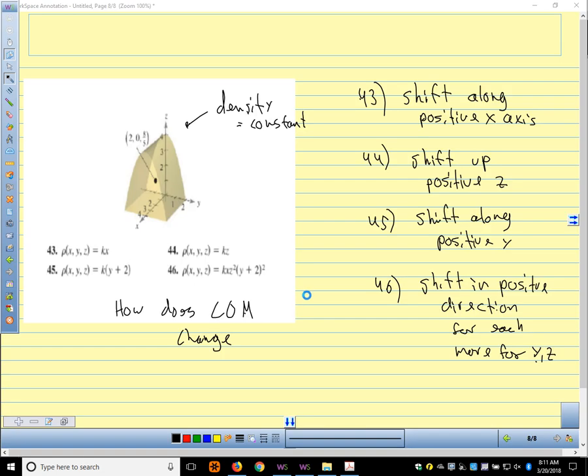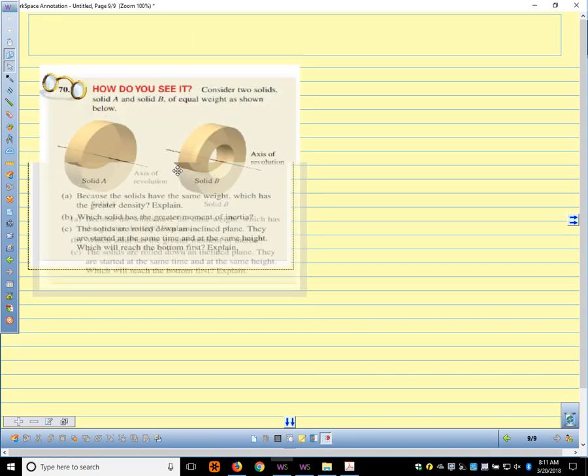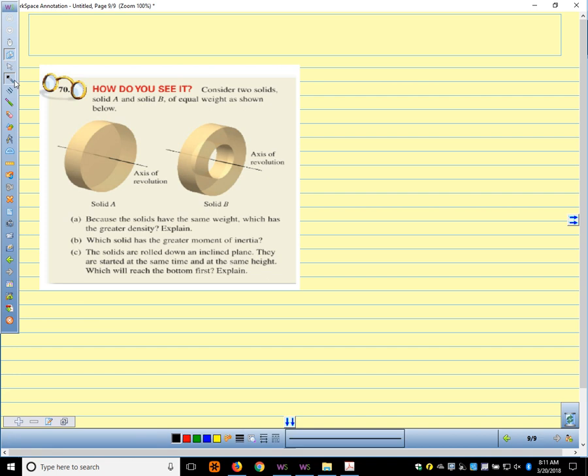All right, so this time we have two solids, and they have equal weight, and they're rotating about this axis. For A, which one is going to have the greater density? B, right? Same mass, less volume.